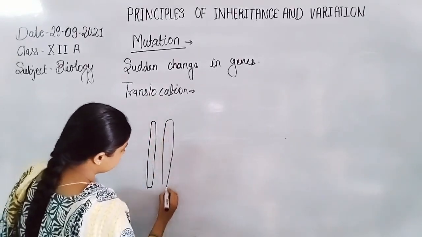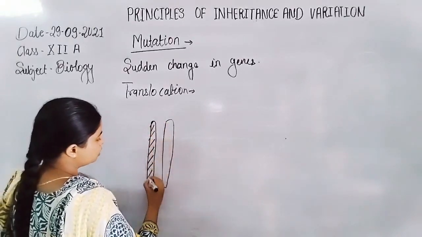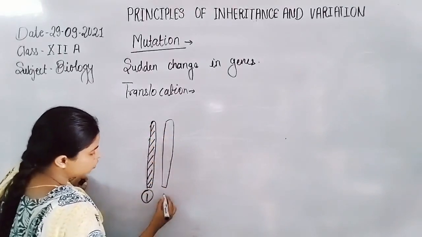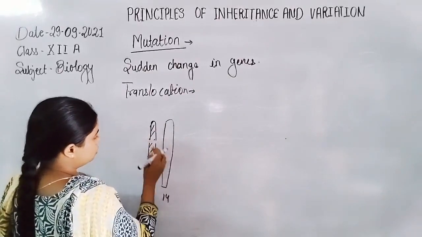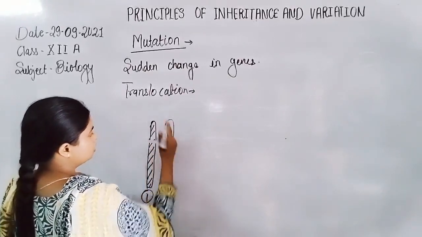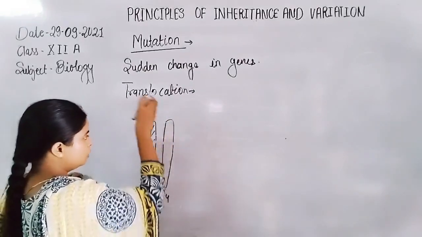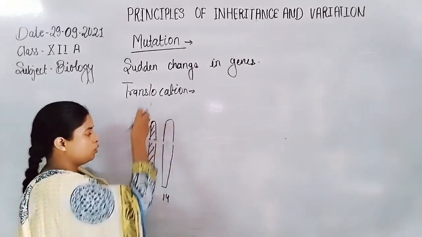If translocation takes place between these two chromosomes, for example, here is chromosome number 1, and this is chromosome number 14. So during the translocation, a small portion of chromosome 1 shifts onto chromosome 14, or 14 onto 1.